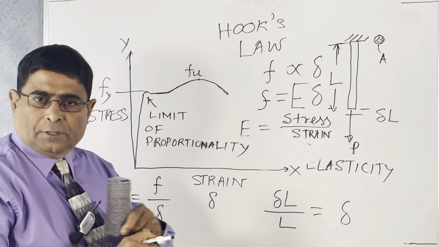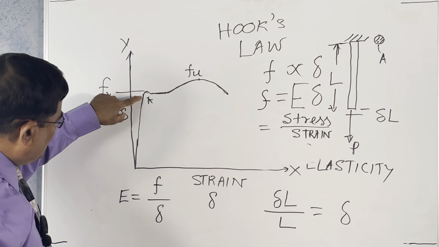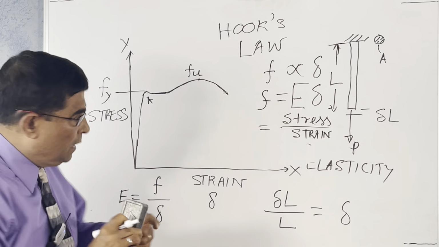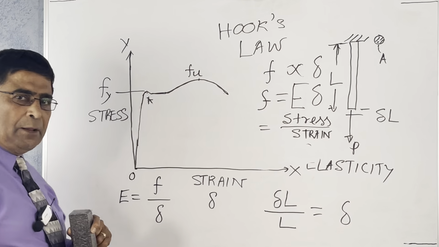But how can you find Fy? There is an easy way of getting Fy. But one thing I should say before: when you have got the curve like this, at any point you release the force, just like a rubber band, it will come back to zero, original position. That is the elasticity. When you take out the force P from a steel member, it will come back to zero elongation, zero stress.